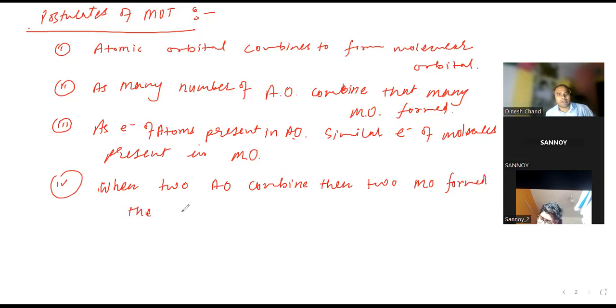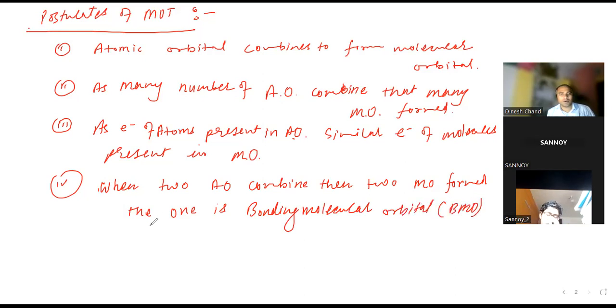One is the bonding molecular orbital, that is what is called BMO, bonding molecular orbital.